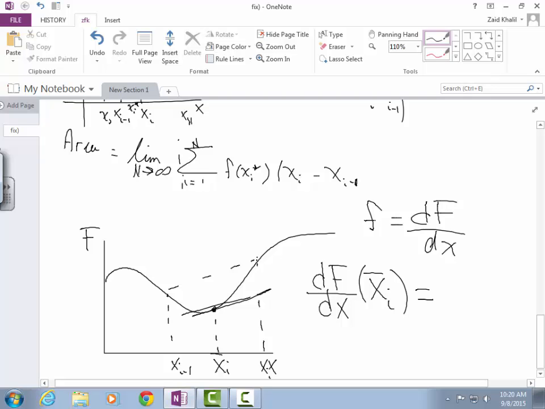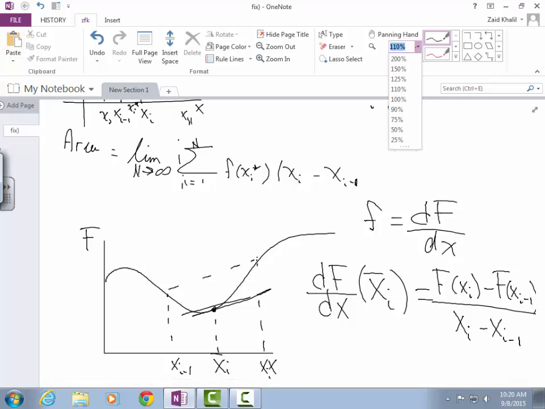What's the slope of the secant? That's right. Very nice.